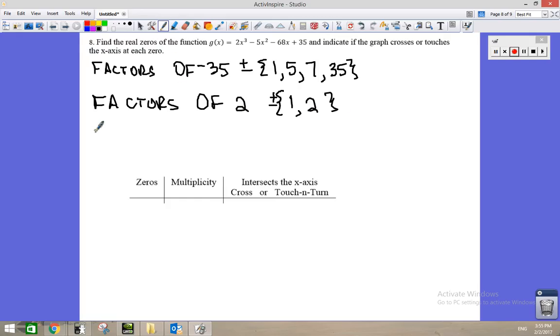Alright, so my list of zeros to check then, these are my possible numerators, the factors of the constant term, and my denominators, the factors of the leading coefficient. So the list is regenerated when you divide everything by 1.